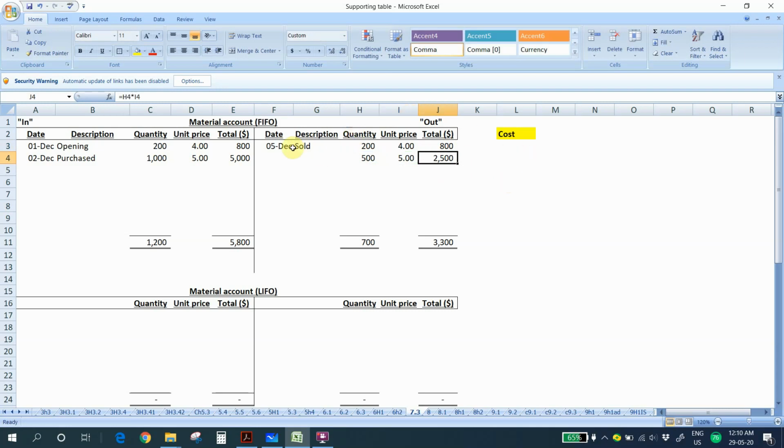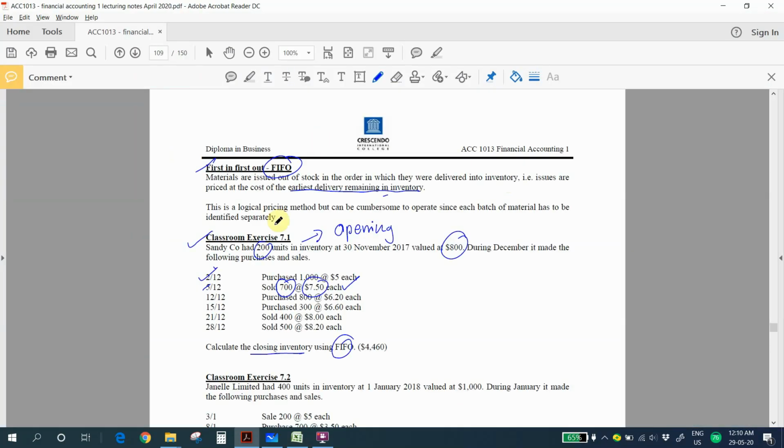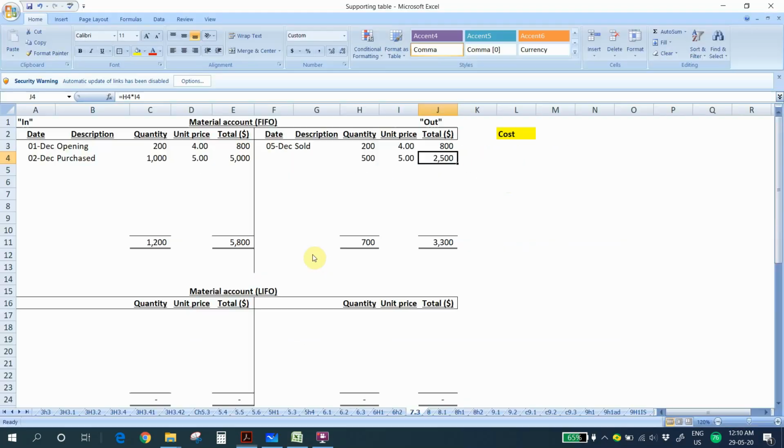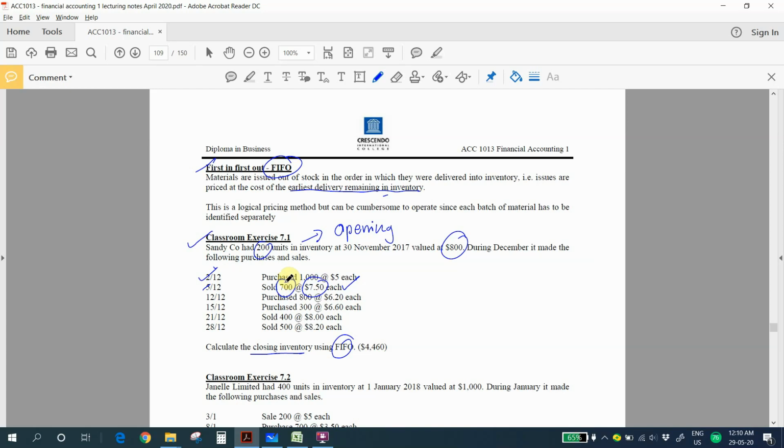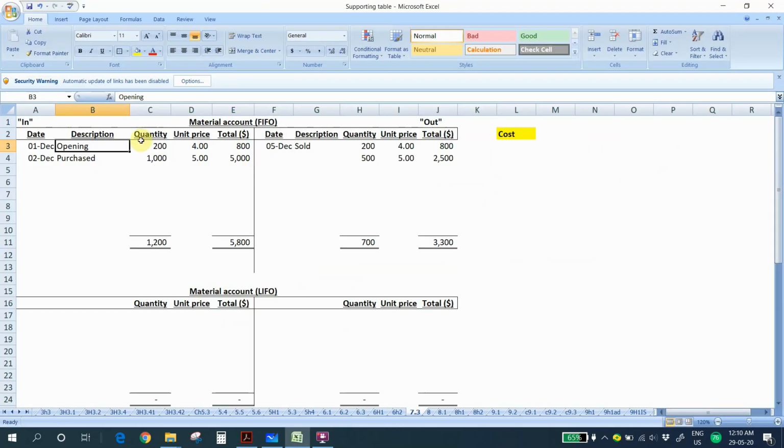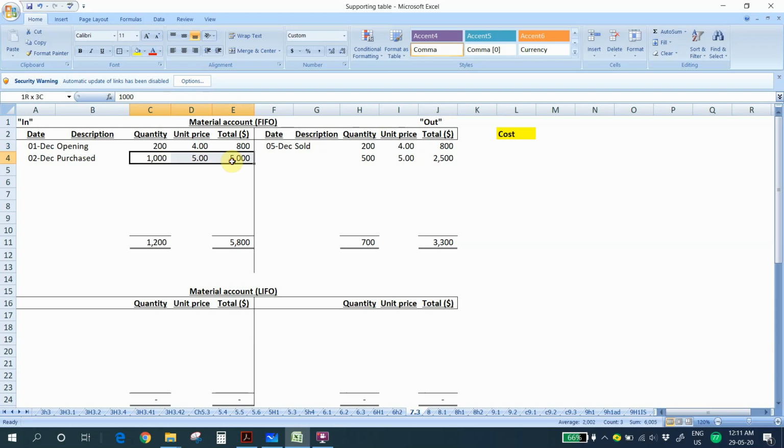I repeat again on the first in, first out concept. When we sell the item to our customer, we should select the earliest batch of goods first. For example, now customer demand is 700. So we have to utilize the first batch, which is 200, and the unit price you must follow is the original cost price. You cannot follow the selling price. So this batch we will fully utilize. Next, if the first batch cannot fulfill the customer order, you look at the second batch.